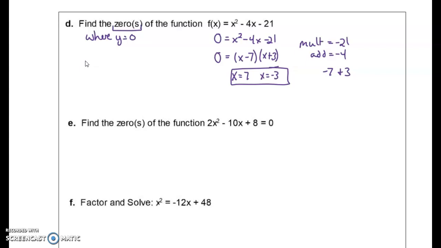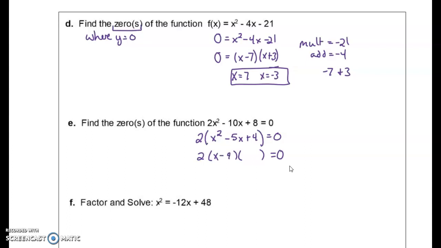On this one, I just want to point out E because it says to find the zeros of the function. But if you notice, 2 goes into everything. So I would really recommend factoring out 2 as our GCF and then factoring this trinomial. What multiplies to 4 and adds to negative 5?